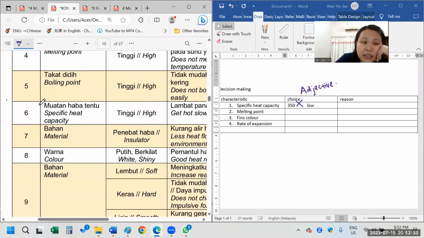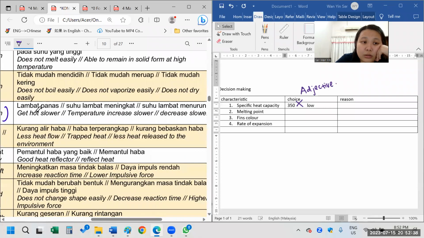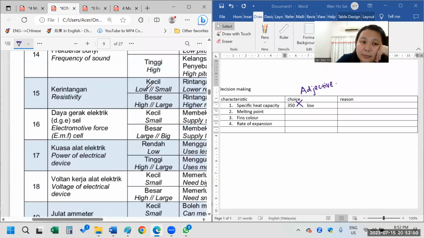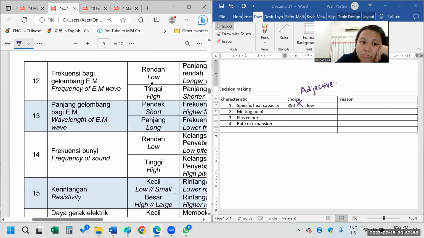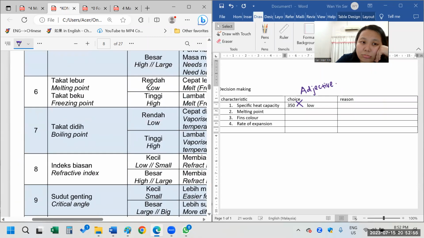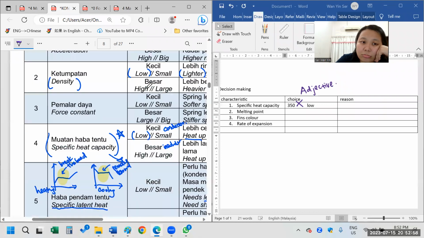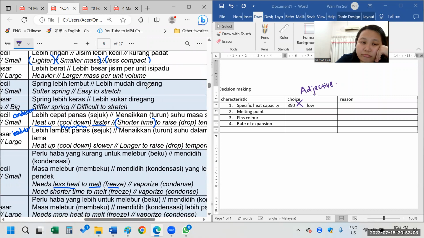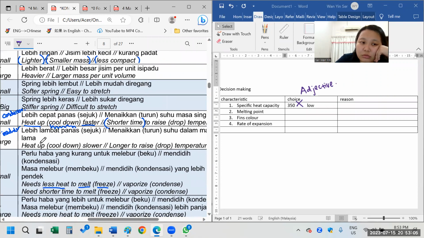Okay, high specific capacity means we'll get hot slower, but also temperature increase lower. So will cool down slower.